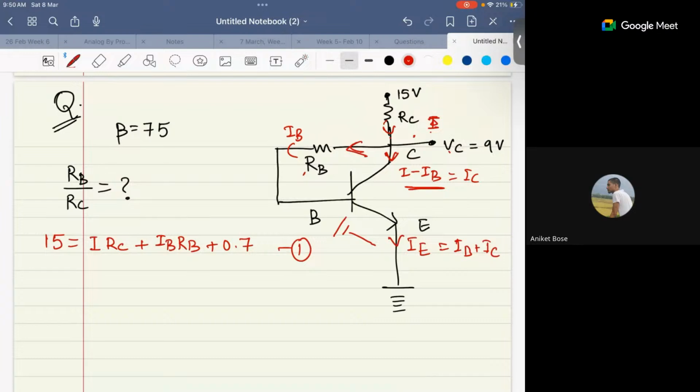What is this? The drop of 6, right? 6 is equal to I times RC. Correct? Is it clear to everyone? Yes, sir.